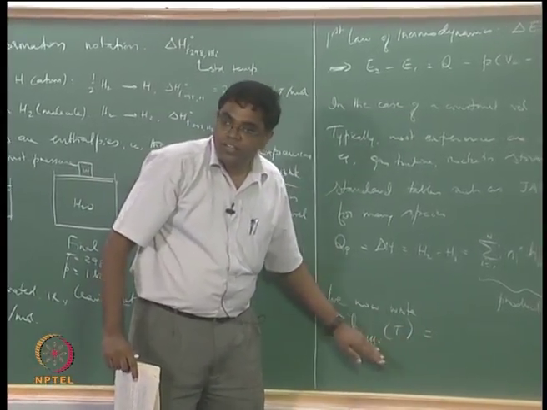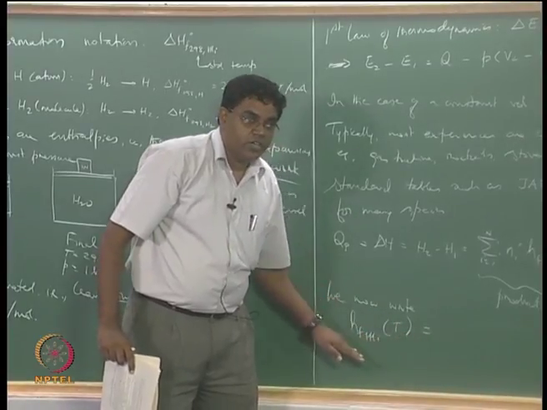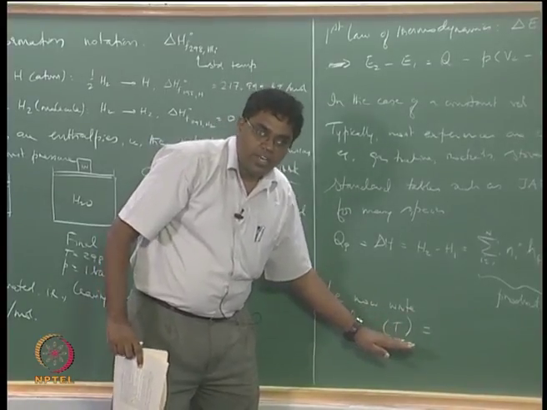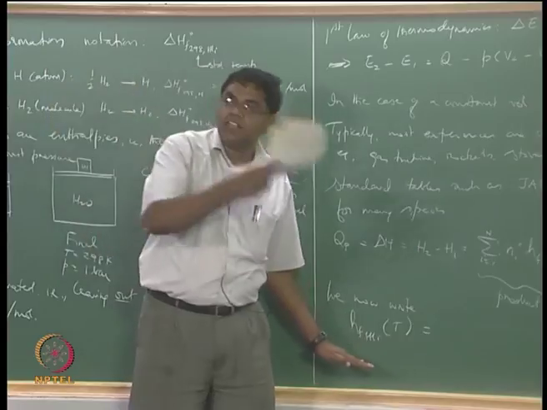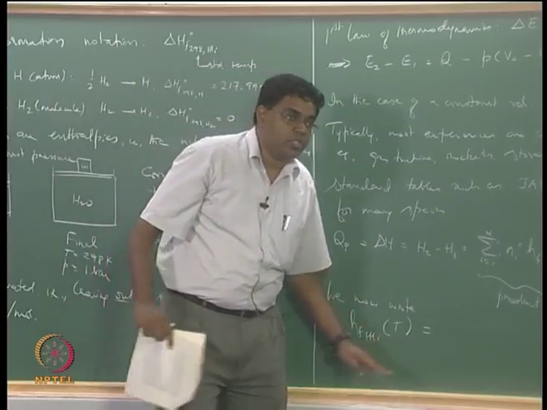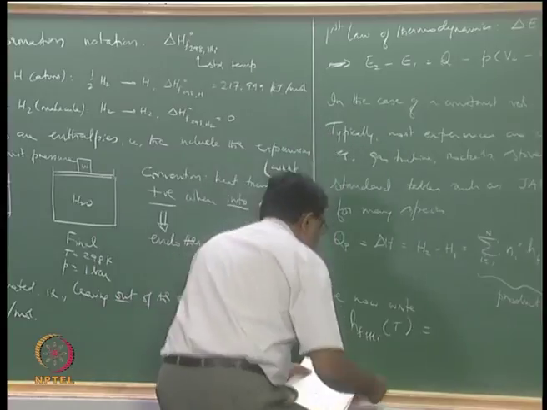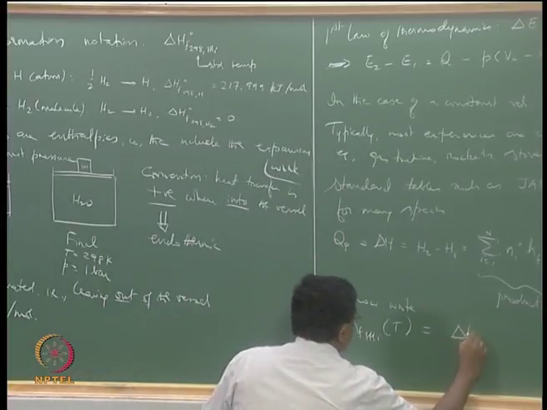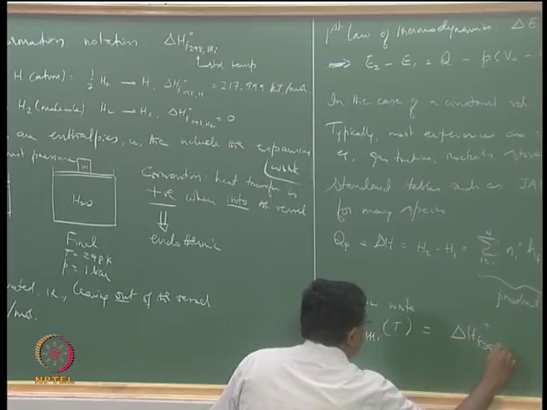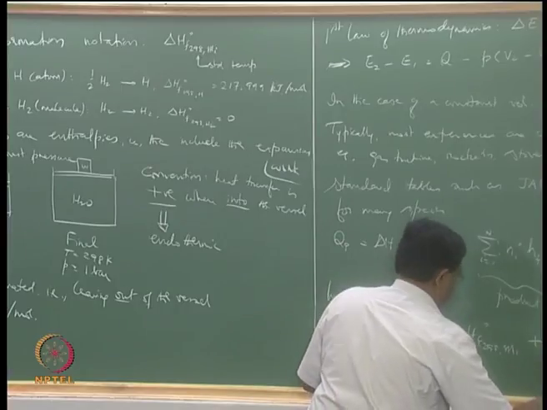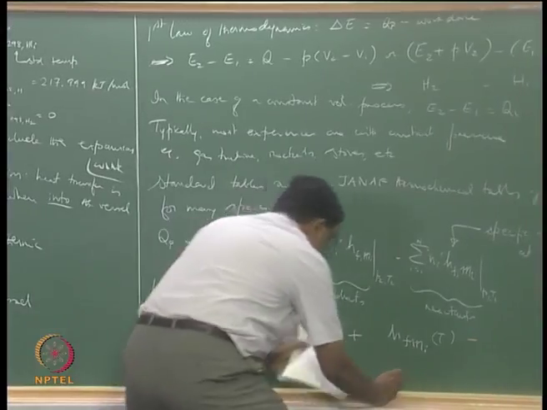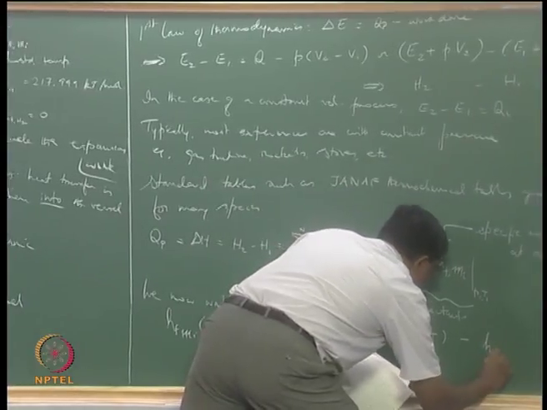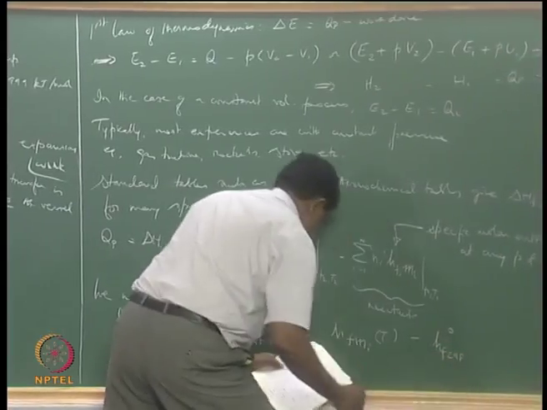Why? Because we are assuming ideal gases, and because we are assuming an ideal gas which is thermally perfect, we expect that the enthalpy should be only a function of temperature. We can now write this as delta h_f naught at 298 of this species plus hf_i at T minus hf naught 298 of i.